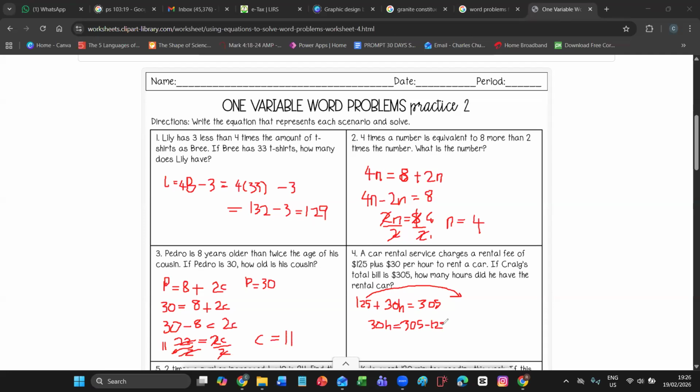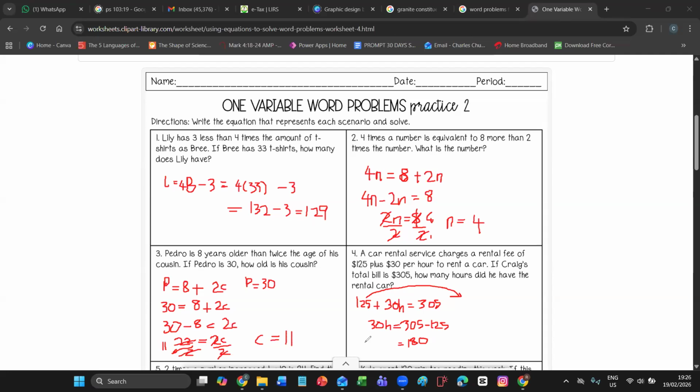So what would that give us? That's 180. Because 30 minus 12 is 18. That's true. Okay, 180.